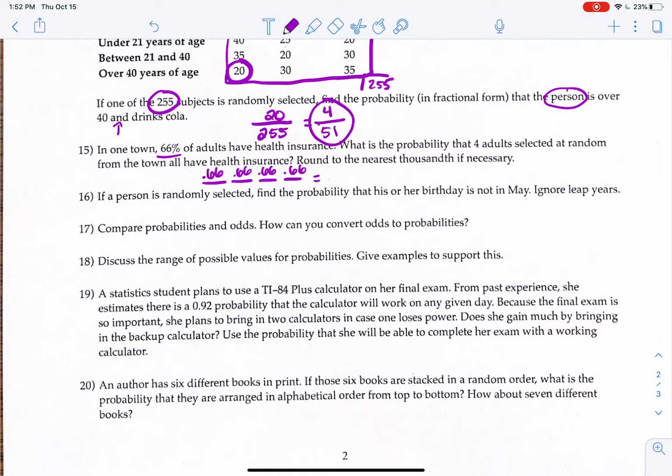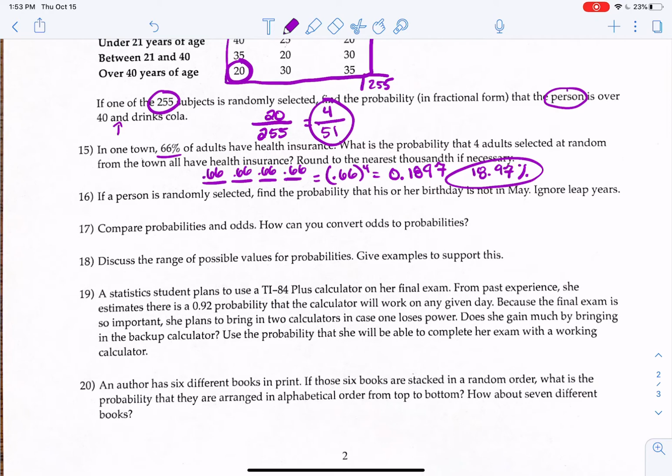So for all of them having health insurance, I would multiply those together, or take 0.66 to the 4th power. Going to the ten-thousandth, 4 decimal places, that is 0.1897. So I have an 18.97% chance that all 4 of those people have health insurance.